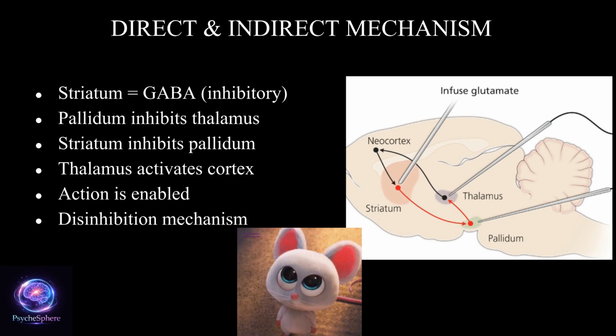This is a very important concept: our brain often activates things by removing the inhibition and not just by exciting them directly. Now, another key feature is that these loops reinforce themselves. Once a pathway becomes active, it strengthens its own activity, and this is called a positive feedback loop.